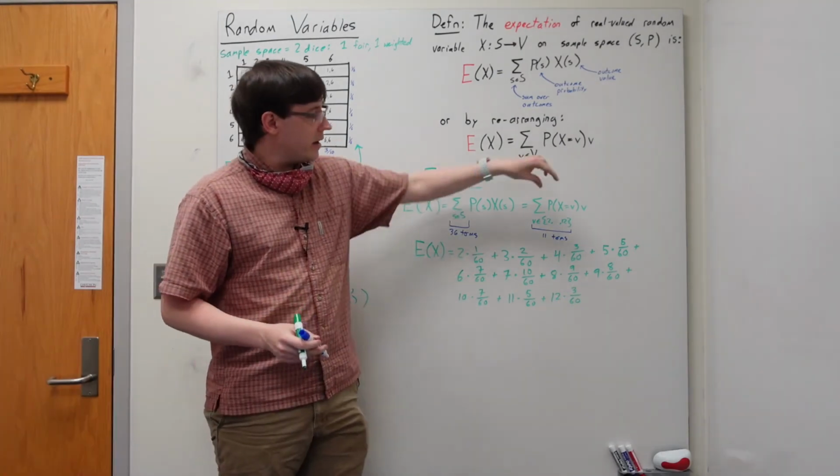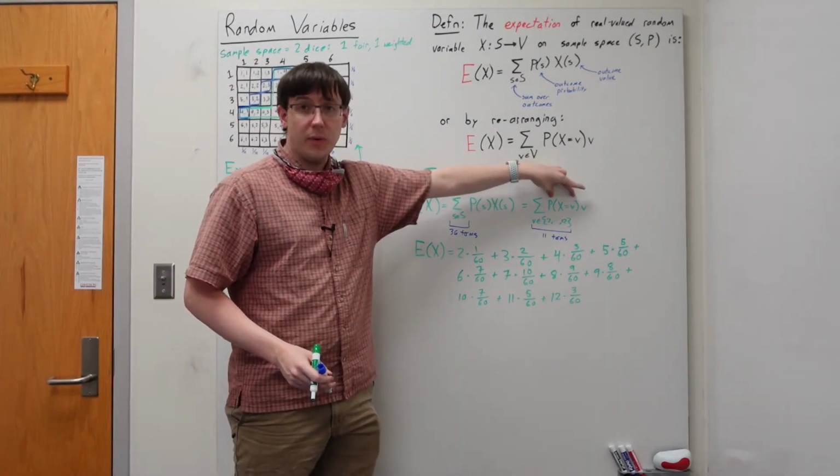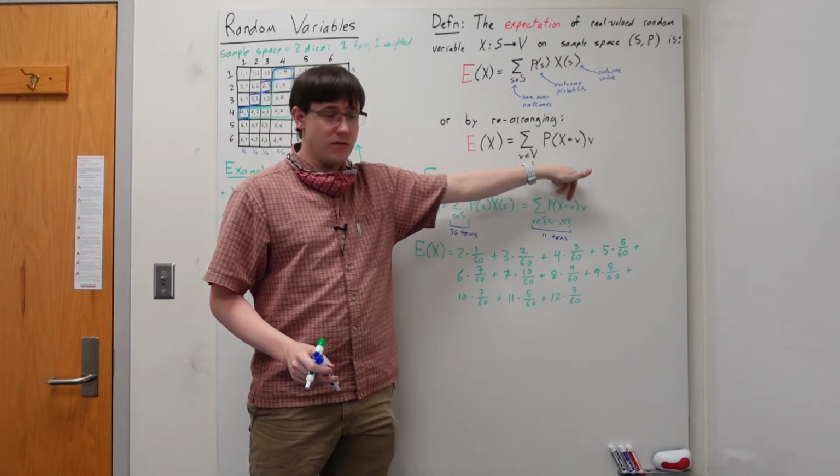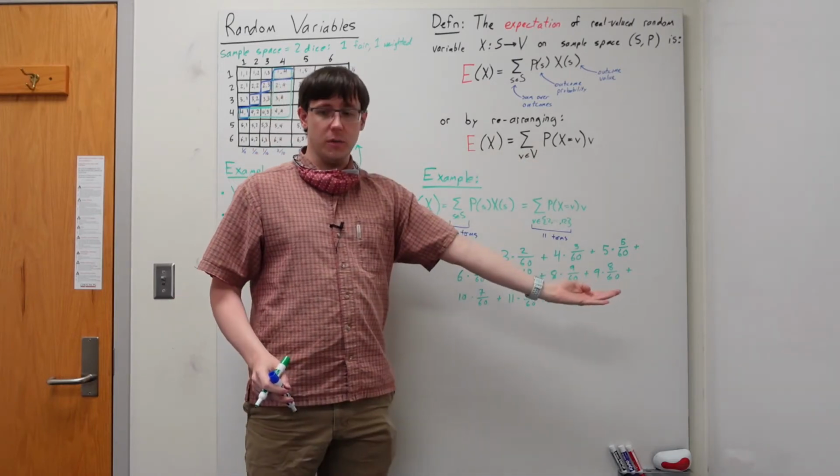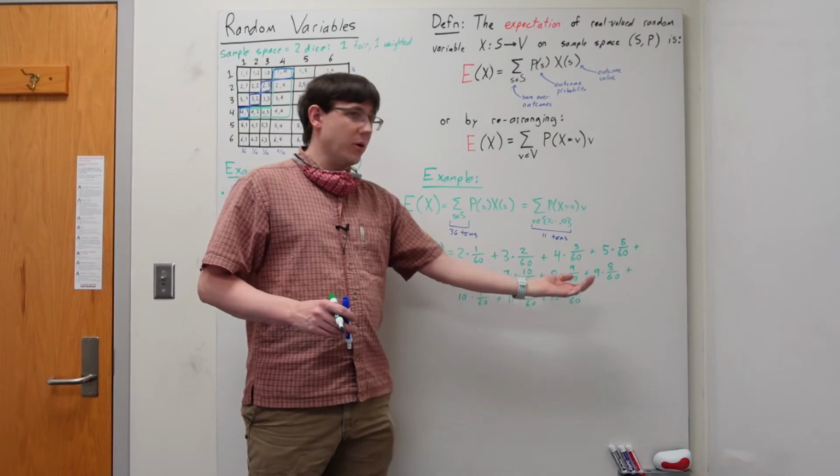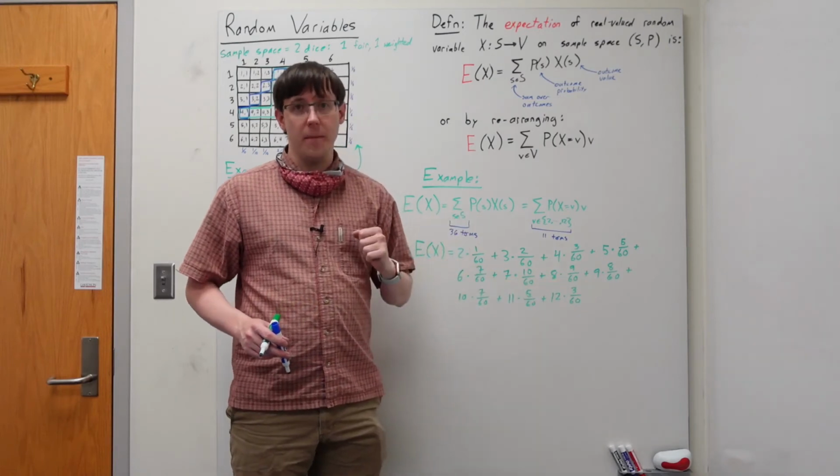So when we expand out our sum and figure out the probability of each of these events, we have 11 terms. So let's multiply out all of those terms and combine them.